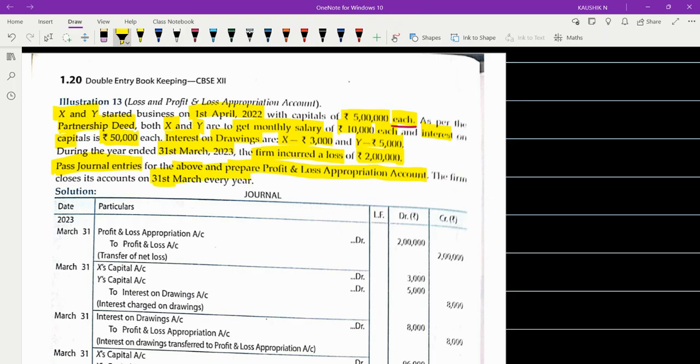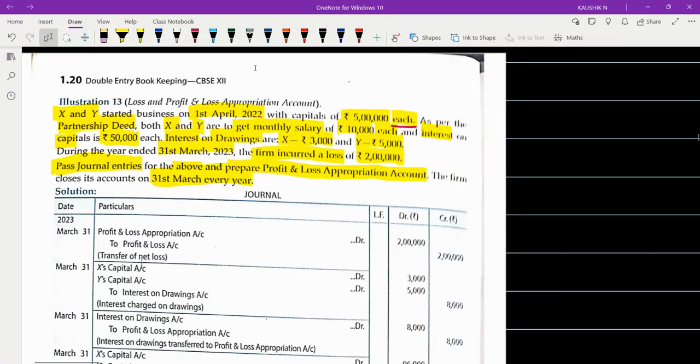So the inputs provided to us are very clear. Two partners have introduced capital of 5 lakhs rupees each, and a partnership deed is available. According to the deed, the partners are eligible for salary at the rate of 10,000 rupees per month each. They are eligible for interest on capital, which they have calculated and given to us.